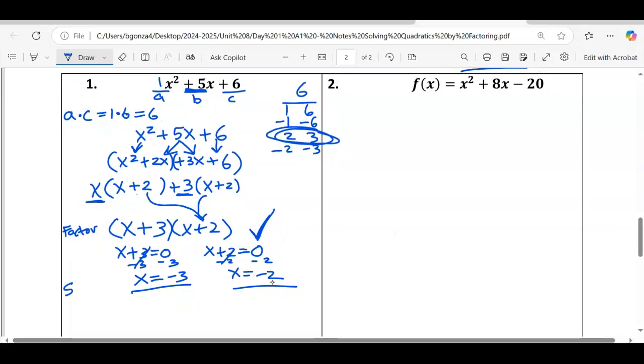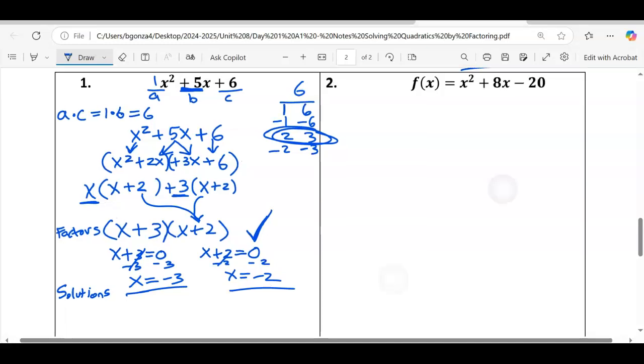Okay, that's the solution. So I got factors in parentheses. I set them equal to 0. Those are my solutions. That is called factoring by grouping. If you can get the groove of the steps, you'll be able to factor.